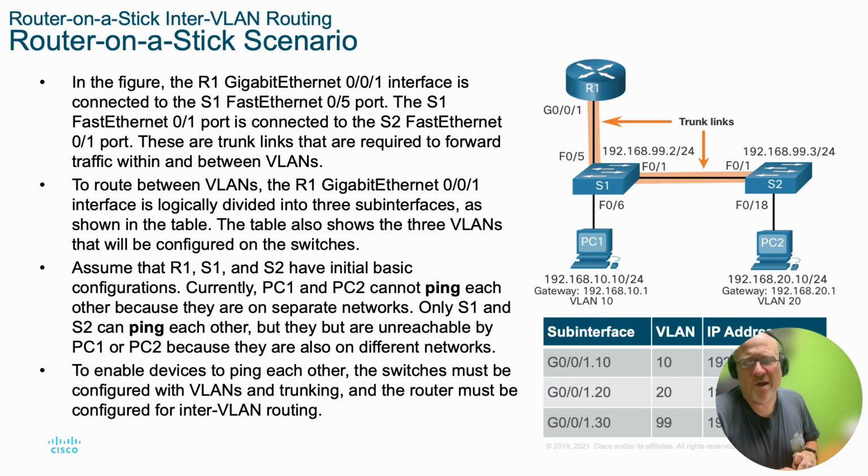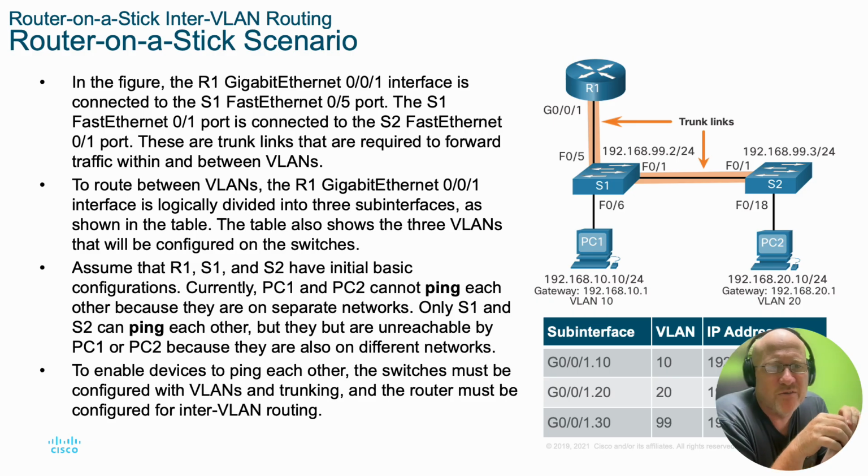There is no way about it. Even if they're adjacent, it has to go out, up, and back down again. It's almost like a sorting office, if you use a post office or post box analogy. So they cannot ping each other because they're in separate VLANs, but as soon as we set up InterVLAN routing using a router on a stick scenario, they can.